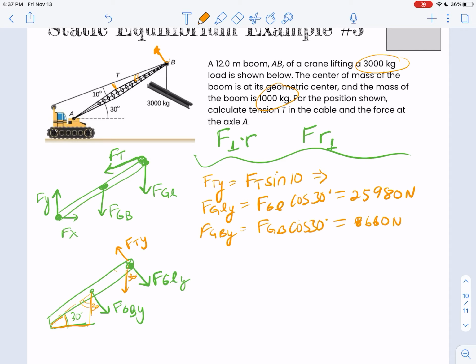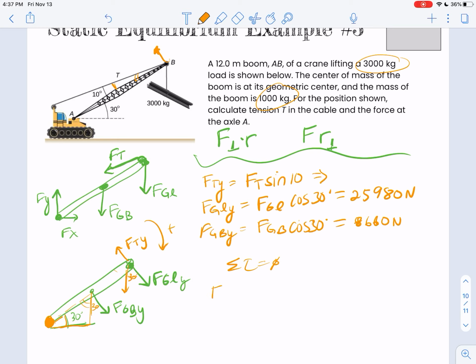Okay, all right, so once you have all of that, let's do the torques first, right? Because then we don't have to worry about this X and Y. Okay, so the sum of the torques is 0. Let's say this way is positive.